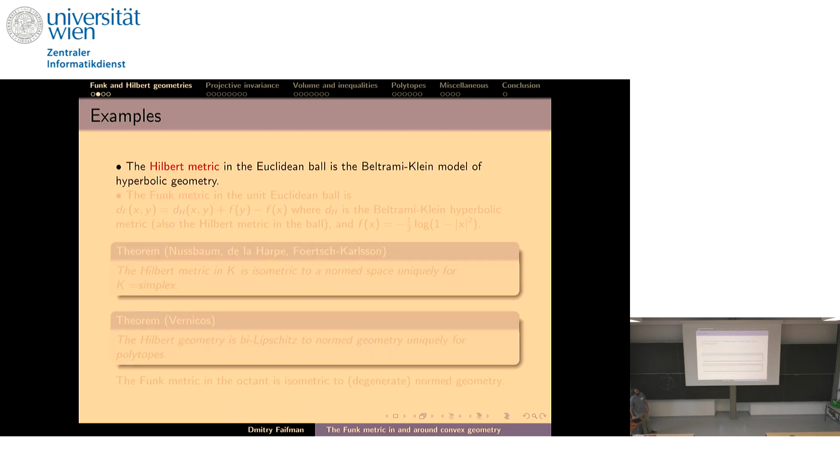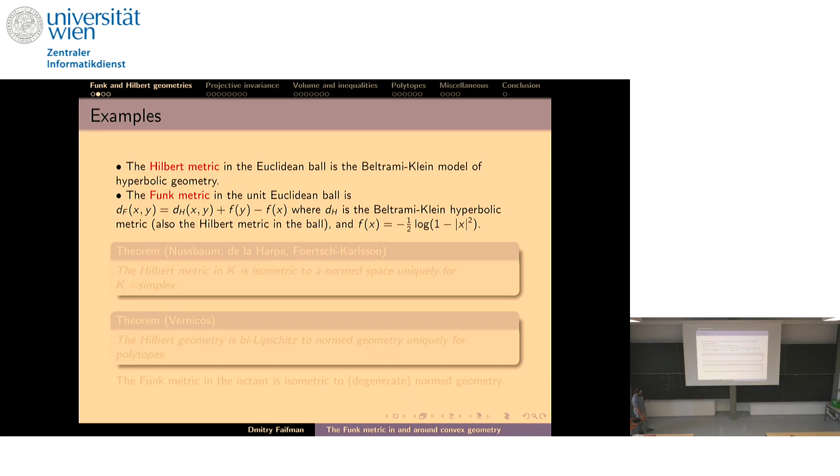Okay, so here are some examples. If you start with a Euclidean ball or with an ellipsoid, then the Hilbert metric there is just the hyperbolic metric, the Beltrami-Klein model. Actually, the Funk metric is also not so different.